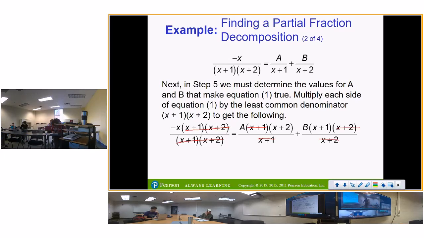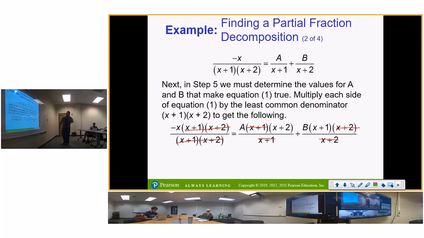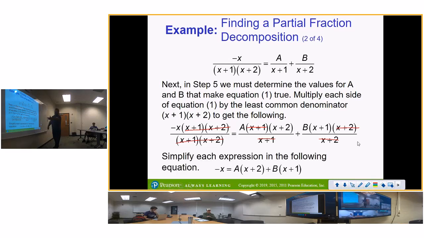It's going to be negative x is equal to a times x plus 2 plus b times x plus 1. So all we're doing is using algebra.